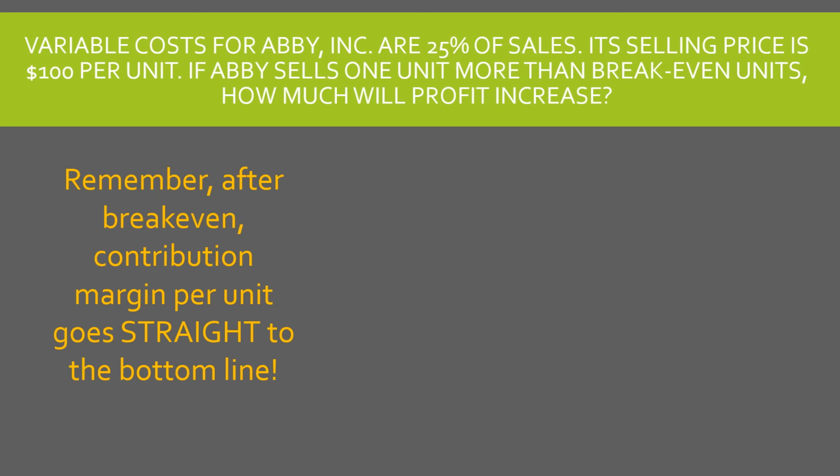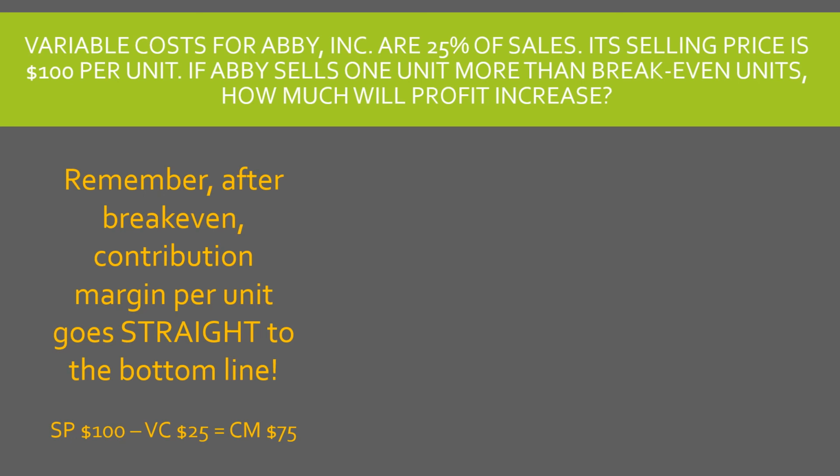So we've got Abby here. She sells a product that she sells for $100 per unit, and variable costs are 25% of sales. So 25% of $100 is $25. So when we calculate contribution margin per unit, we take the selling price of $100, subtract out variable cost of $25. This gives us a contribution margin of $75 per unit.